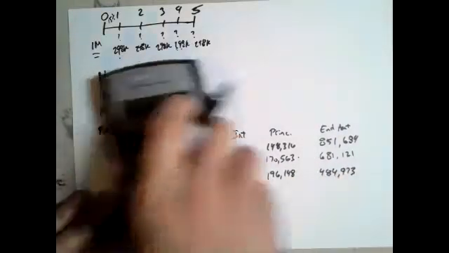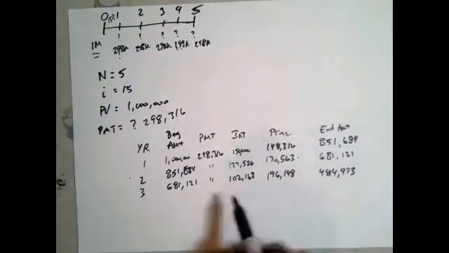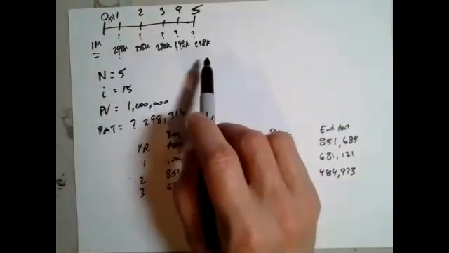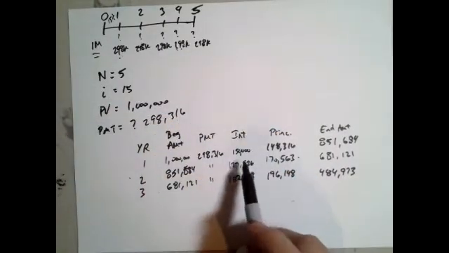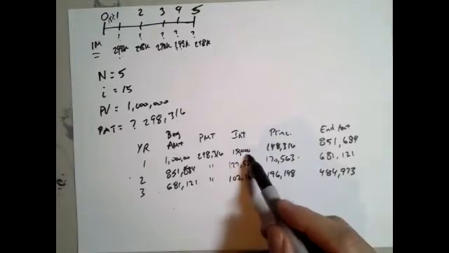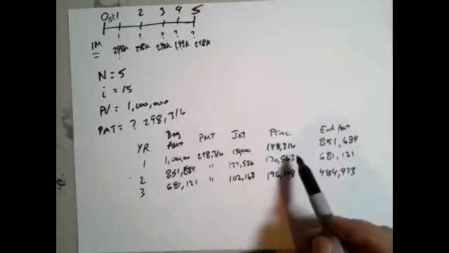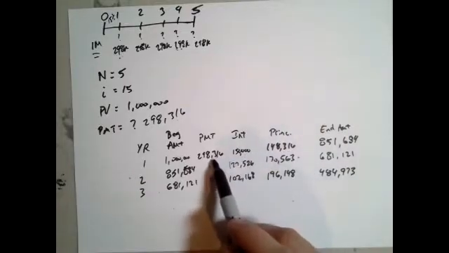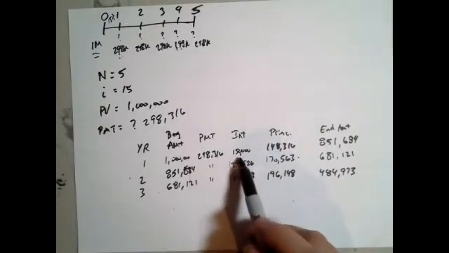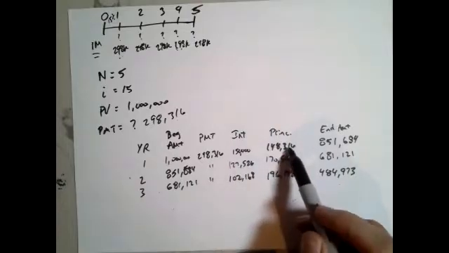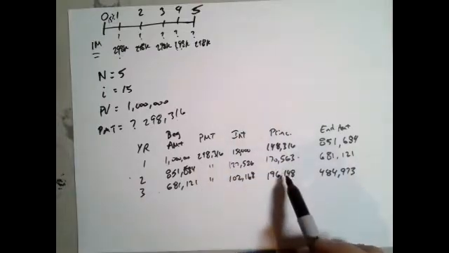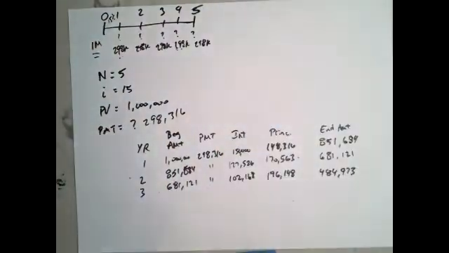So I want to make a point here. The payment stays constant, right? As we move along, the amount that we're paying in interest reduces, the portion of the payment that is going to interest falls, and the portion of the payment that's going to principal increases, right? Over time, they kind of switch places.